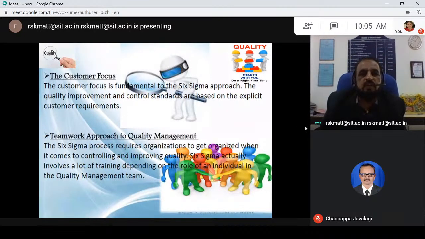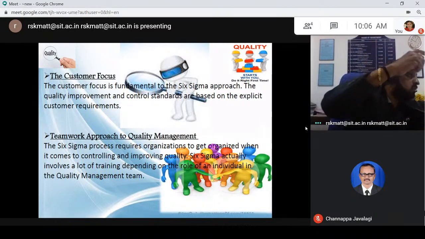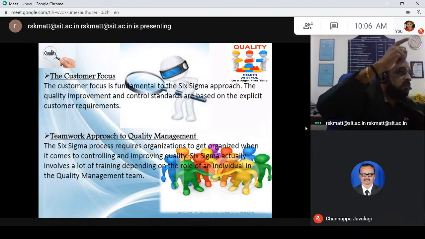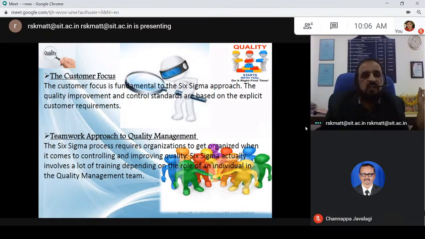Customer focus is fundamental to the Six Sigma approach. The customer is the king. So whatever the customer is expecting, we need to design our products accordingly.